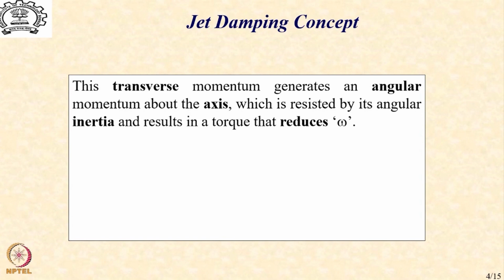Now, this transverse velocity has a transverse momentum, and rate of change of that transverse momentum generates a transverse force, which is nothing but m dot L omega. And now this force tries to generate a moment about the axis, which is m dot L square omega.